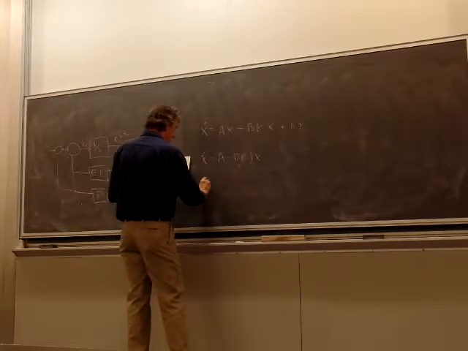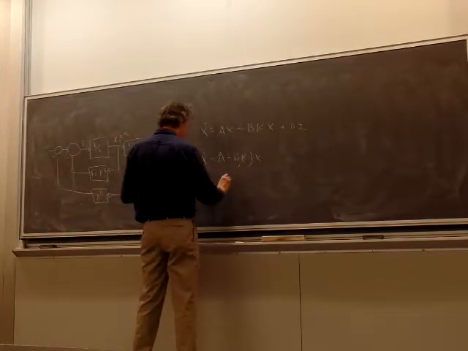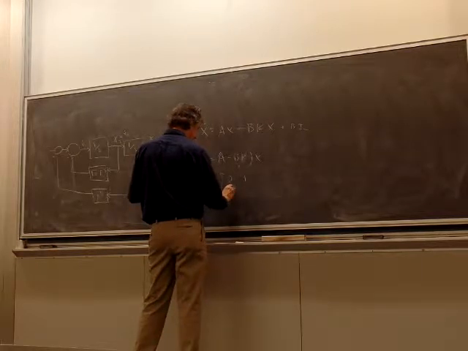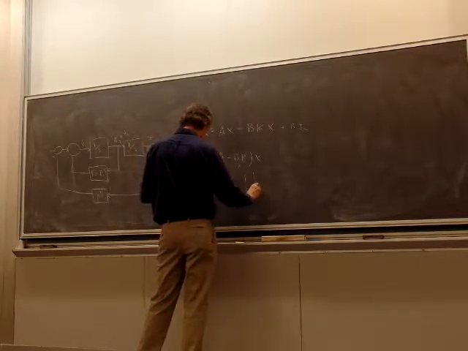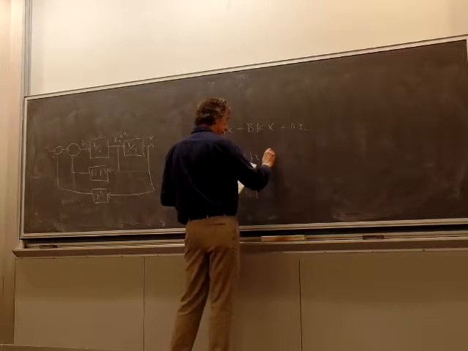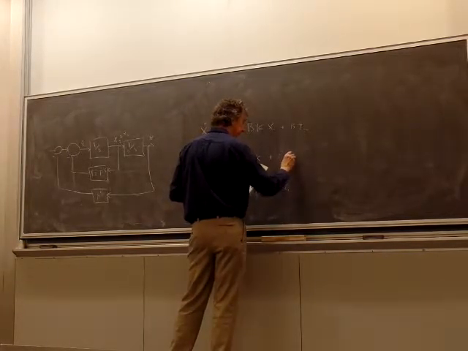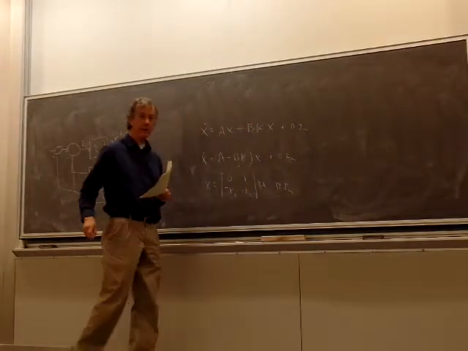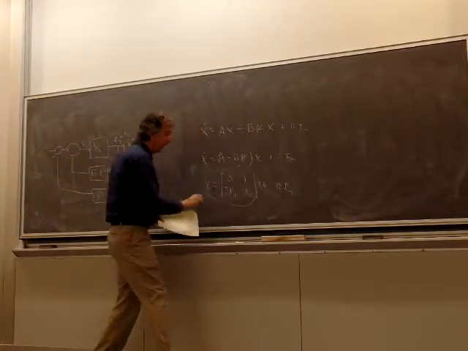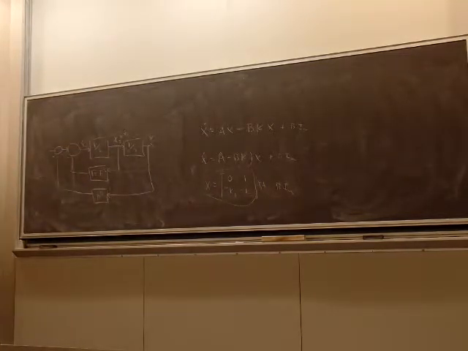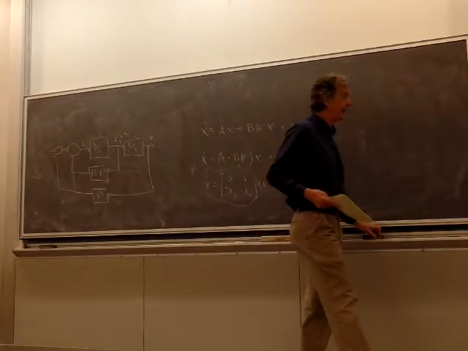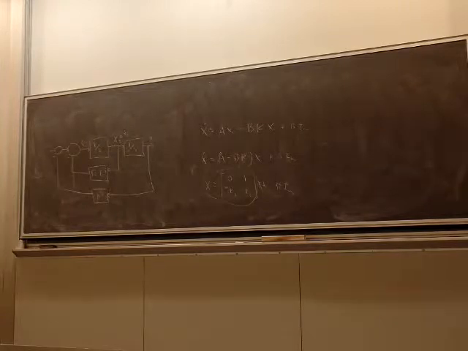Well, this is simply, in numbers, 0, 1, minus k1, minus k2 times x plus B times whatever inputs I have. I'm not worried about the other input. Let's look at this guy. And if we put in our numbers for this and find the characteristic equation, how do we find the characteristic equation?